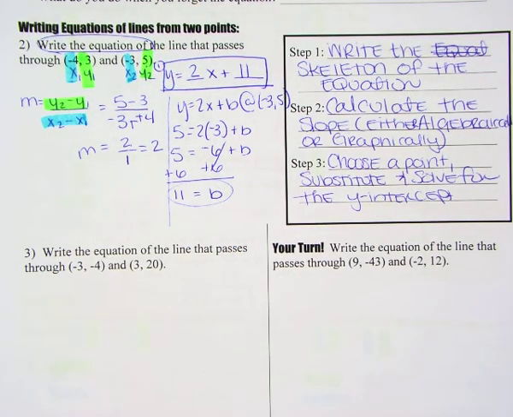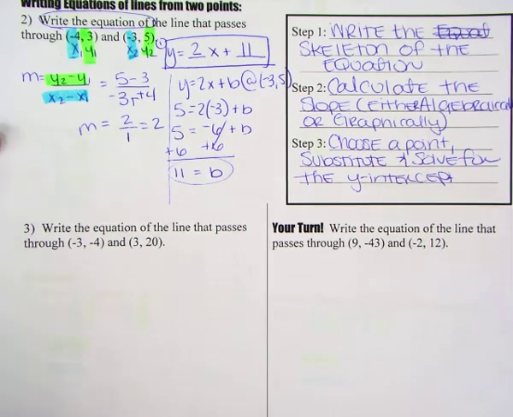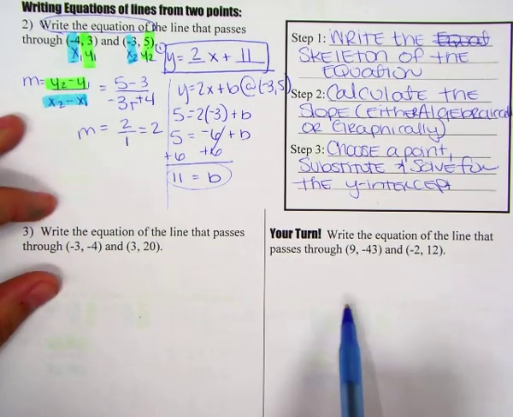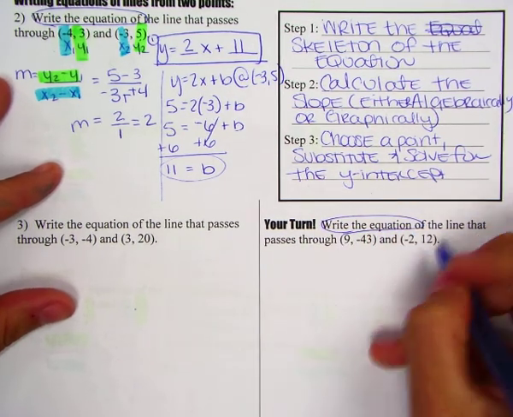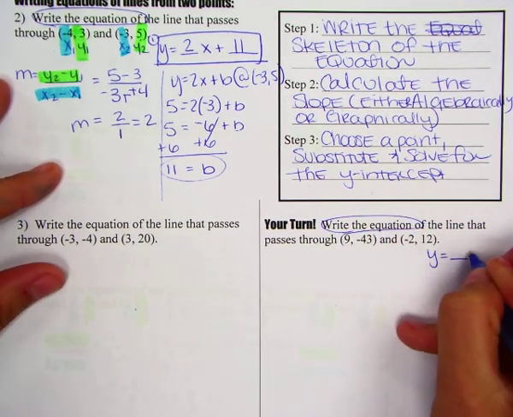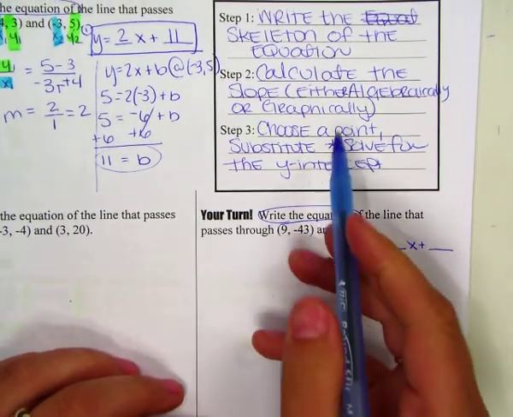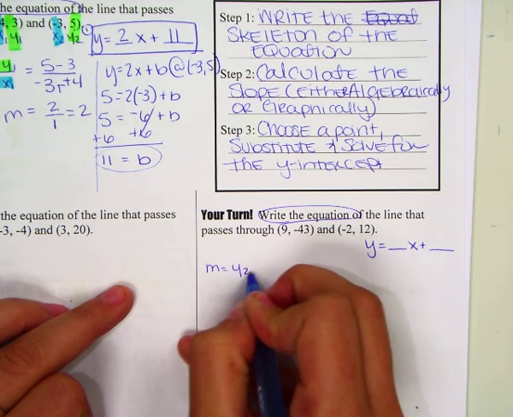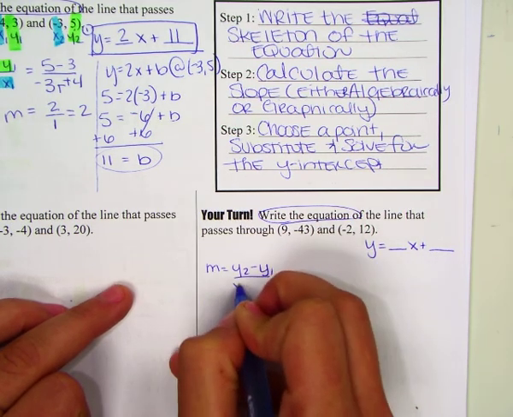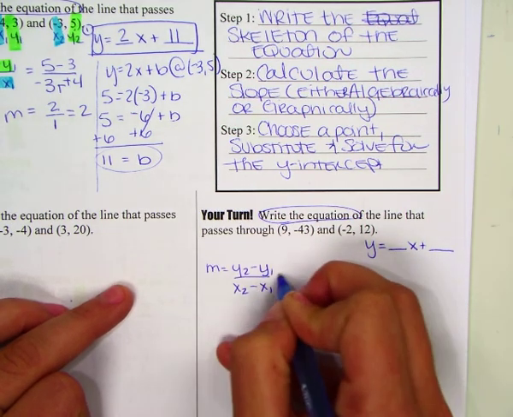Let's go ahead and do the next one the exact same way. I'm going to do it quickly. And actually, since I did this in class, I'll do this one here now. So write the equation, write the skeleton. Okay. Step 2, calculate the slope. y2 minus y1 divided by x2 minus x1.